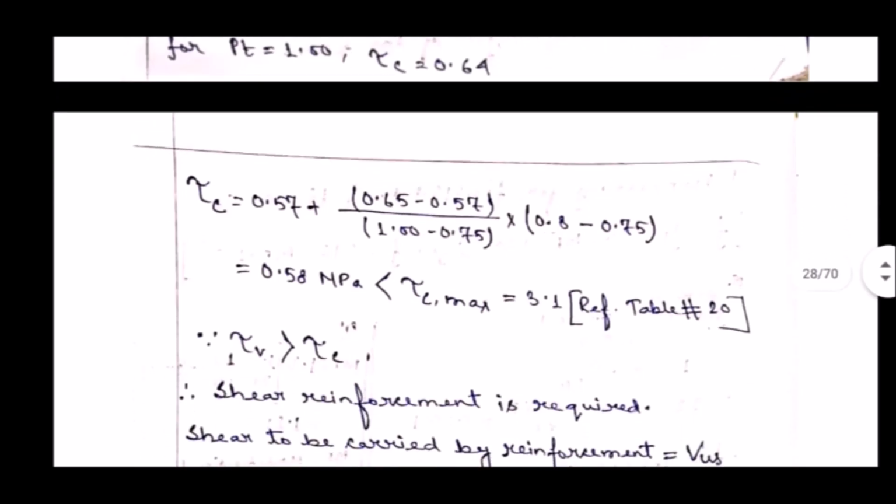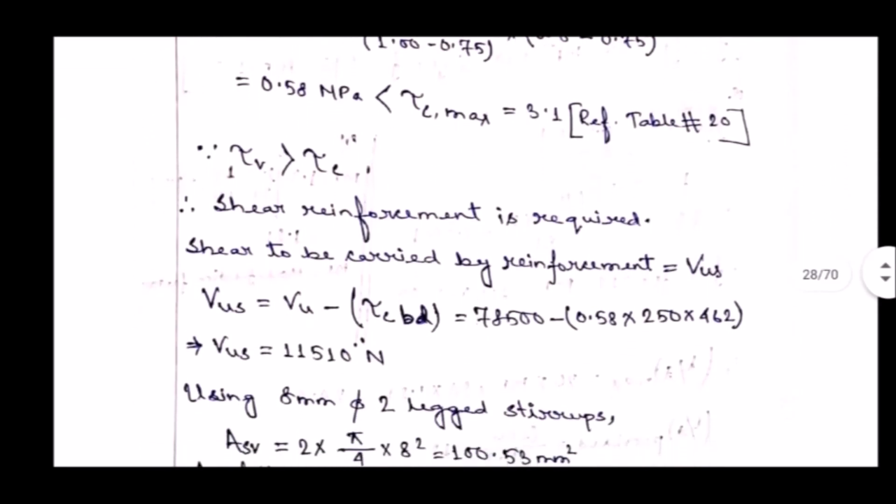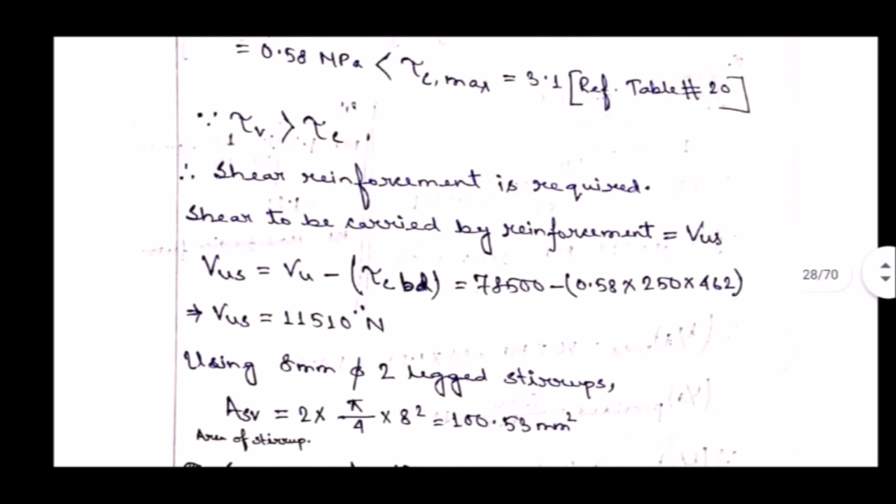As tau v is greater than tau c, shear reinforcement is required. If tau v is less than tau c, in that case no shear reinforcement is required, and stirrups are given by a convenient method. But in this case tau v is greater than tau c, so for this excess value we have to design shear reinforcement.